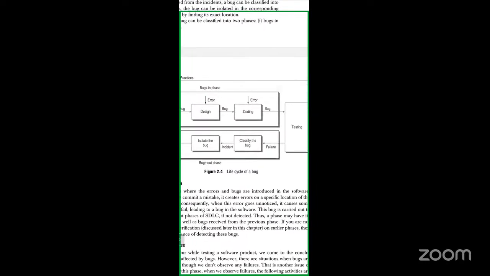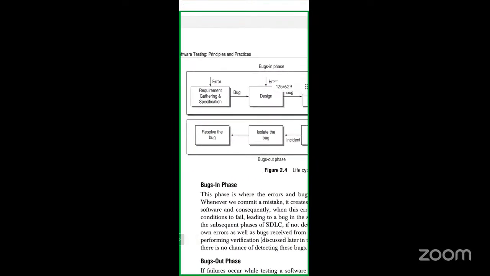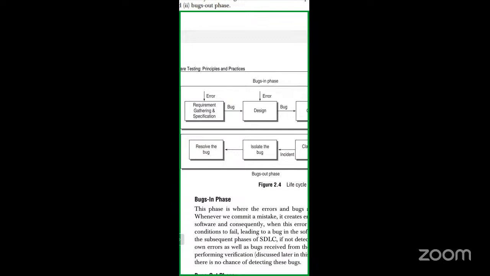After testing, it is going for the classifying of the bug, then the isolation of the bug, and then the resolving of the bug. These phases we are going to call the bug life cycle phases, that is, the life cycle of a bug.